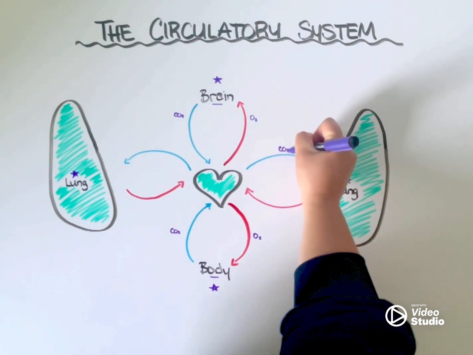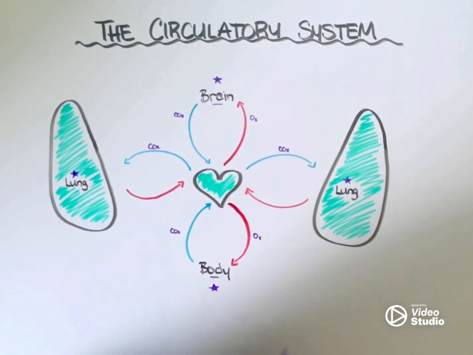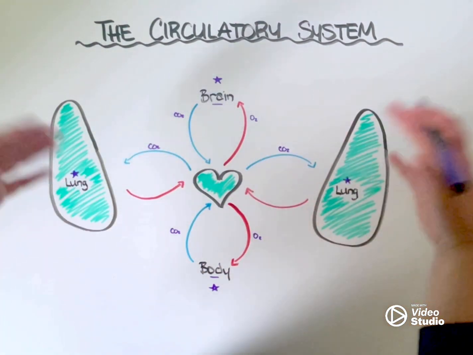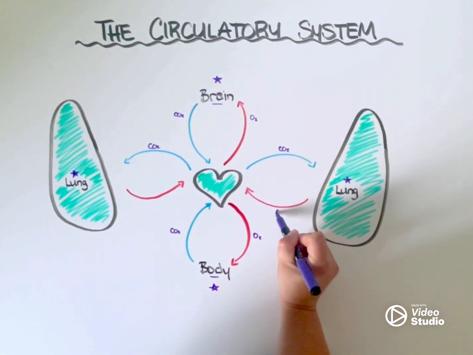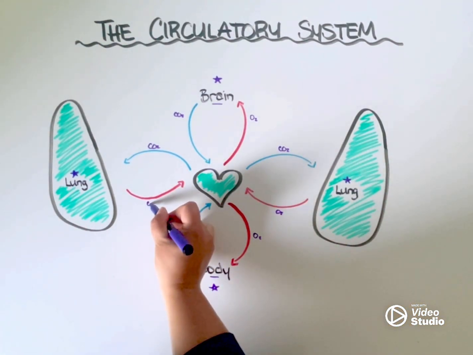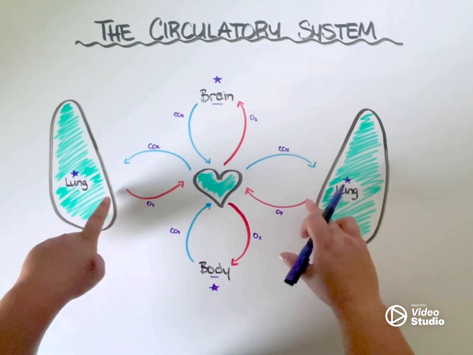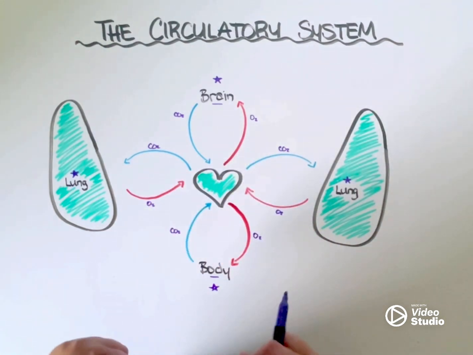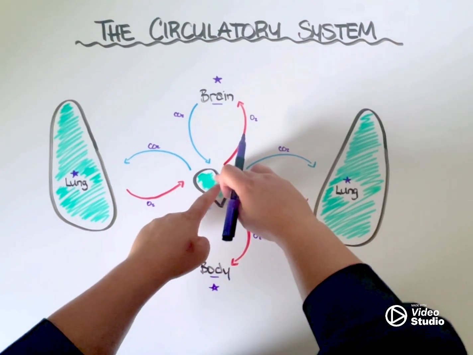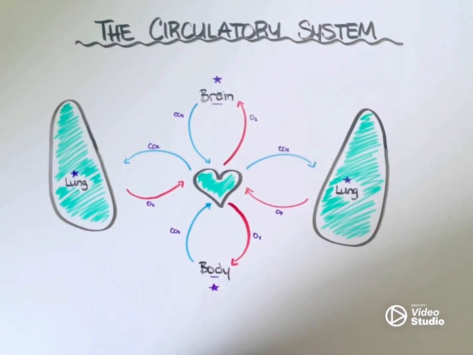So the deoxygenated blood that arrives to the lungs, that CO2 is going to get exhaled, and then through the process of inhalation, oxygen is now going to enter the bloodstream. And then as the heart relaxes, that newly oxygenated blood from the lungs is going to return to the heart, and then the heart will contract once again to push that newly oxygenated blood out to the body and the brain once again. And then the cycle repeats.